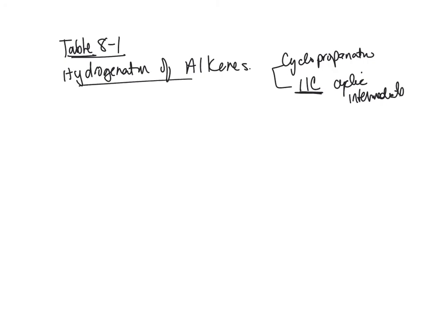But I want to do hydrogenation of alkenes. That mechanism is different than your electrophilic addition, really, and that is on page 425 in your textbook, and it's called catalytic hydrogenation.